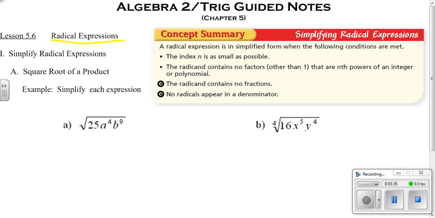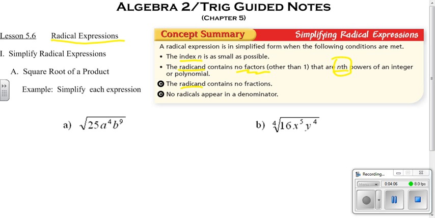Now, rules about radical expressions: we always want to simplify them down as much as possible. A radical expression is simplified, quote unquote, when the index n is as small as it can possibly be. The radicand will contain no factors other than 1 that are nth powers of an integer or polynomial. And again, the n in this case is our index.